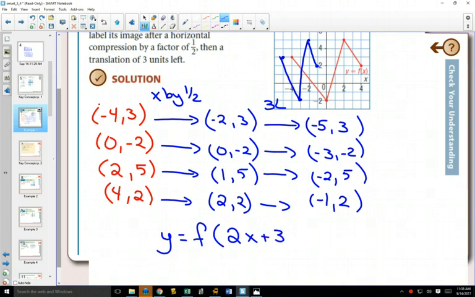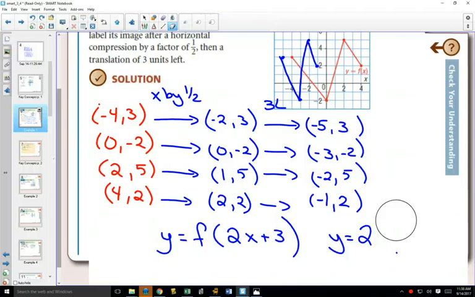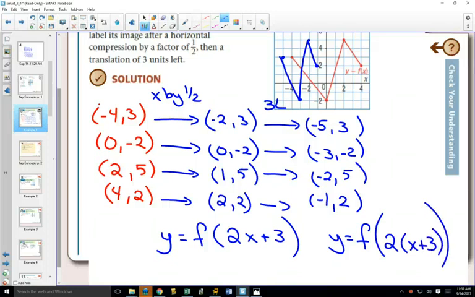Okay. Now I'm going to write this in two different ways. I'm having troubles here writing the second way. I want you to notice a small difference. One, I have 2x plus 3. The other one, I have 2x plus 3.